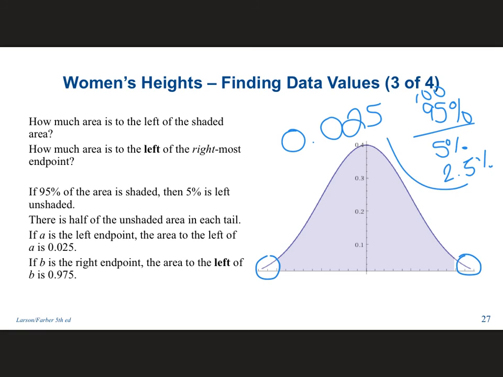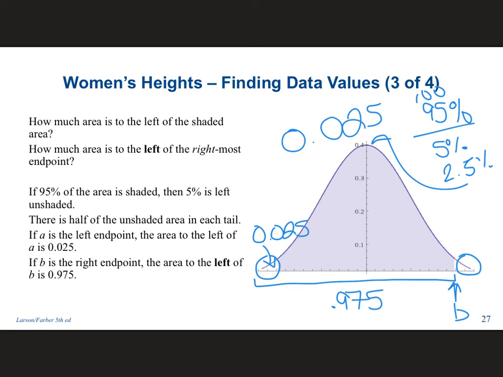So if you change that to a decimal, you have that 0.025. So then the area to the left here is going to be 0.025, and then the area to the left of this rightmost point, let's call that B, is going to be 0.975.